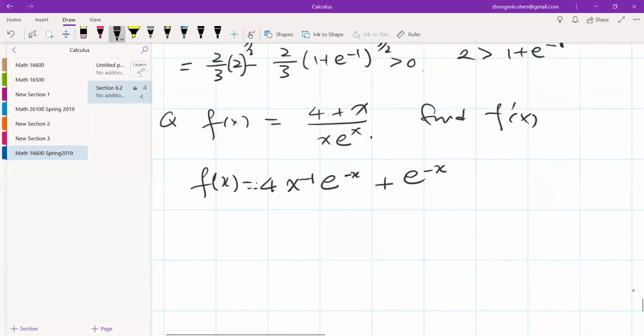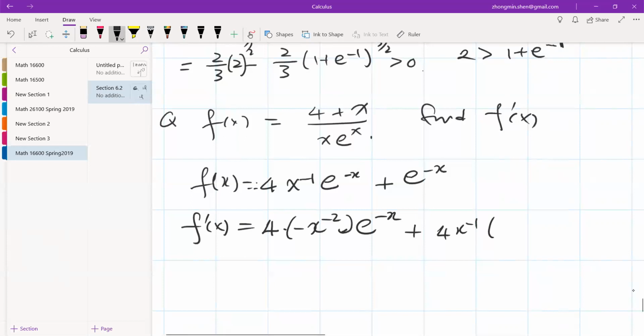All right. So I'm going to find the derivative. So 4 times the derivative of x to negative 1, which is negative x to negative 2. Then I differentiate e to the negative x, which is e to the negative x times negative 1. Then the same here.